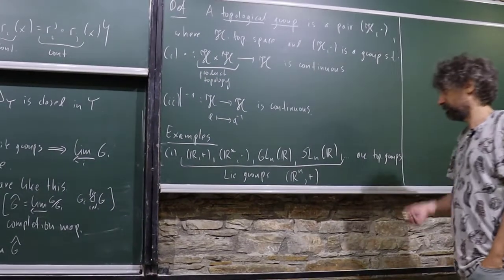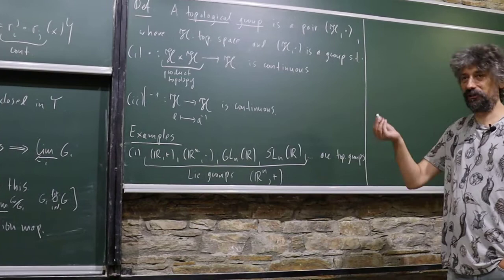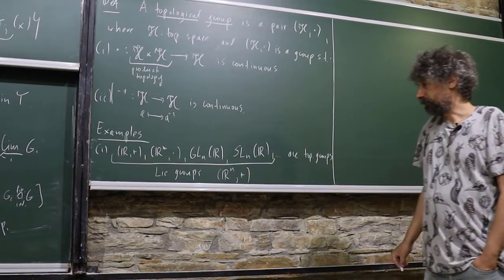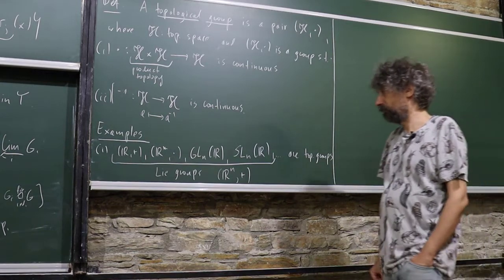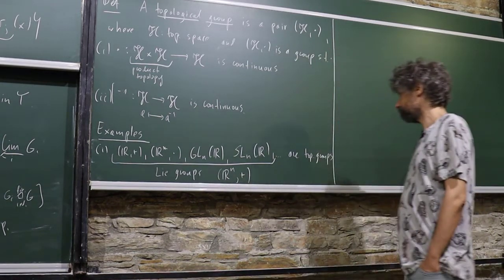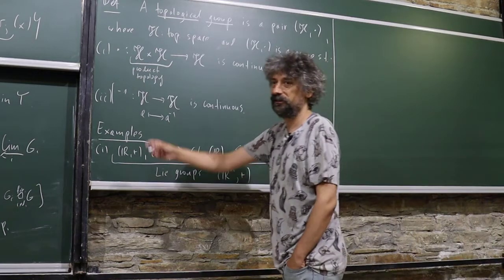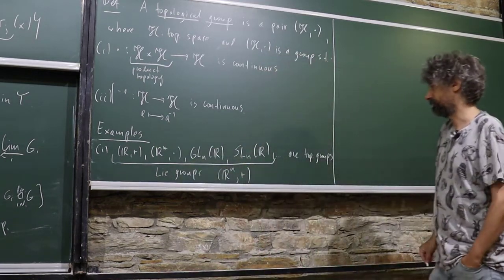There are some constructions like infinite products, for example, which then are not differentiable manifolds anymore. Similarly complex Lie groups, you can put C here, then they have even more structure.